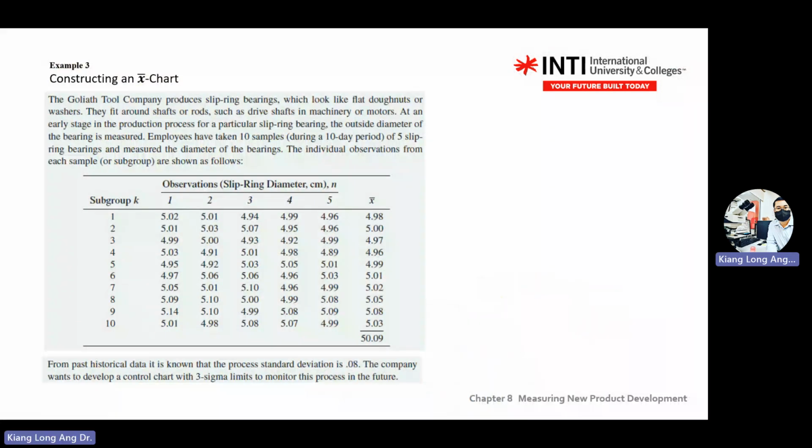So let's say you're having these cases. You are in a tooling company and you're producing strip ring bearings, and a bearing looks like a donut. I'll tell you how they do the sampling.